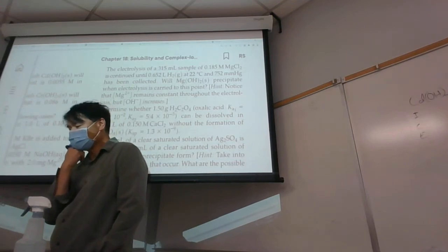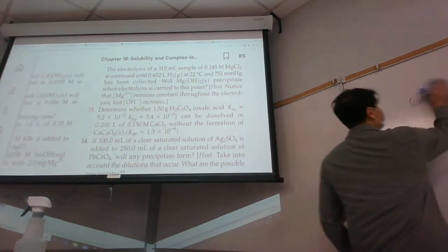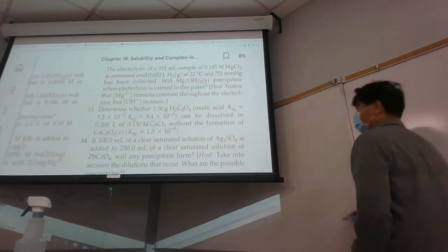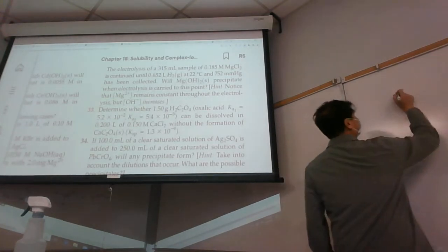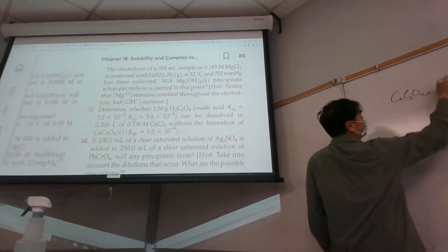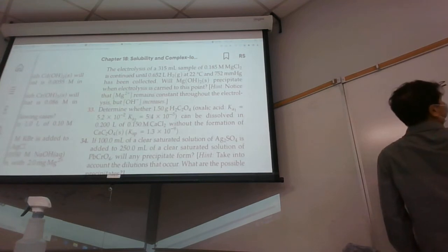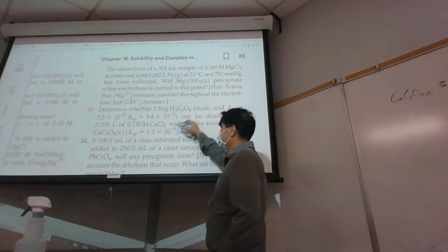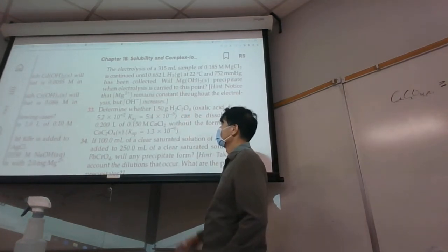We have the Ksp equilibrium, which is calcium oxalate solid going to calcium ions plus oxalate. And then we have the Ka equilibria for oxalic acid, which is K1 and K2.